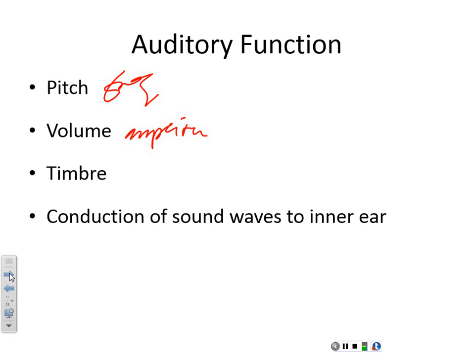And then conduction of sound waves to the inner ear, starting with the external ear, and how the auricle, sometimes called the pinna, conducts it to the external acoustic meatus. Then it gets to the tympanic membrane. Then it goes through those bones, the malleus, incus, stapes. Then the oval window, and it starts to move the perilymph on the outside.